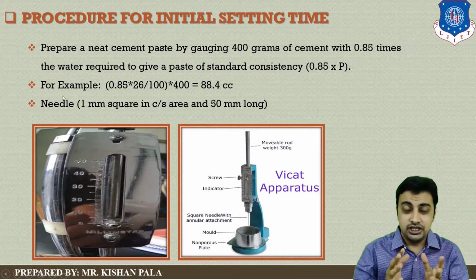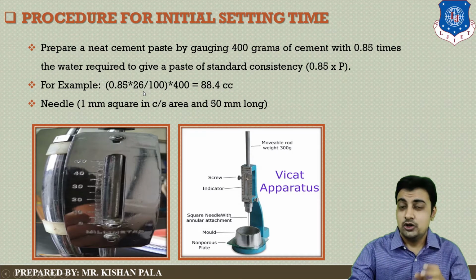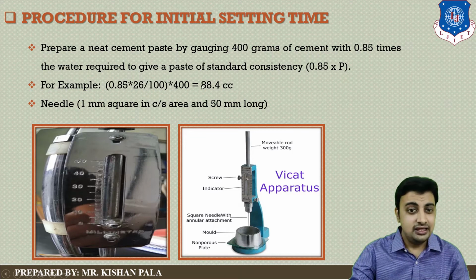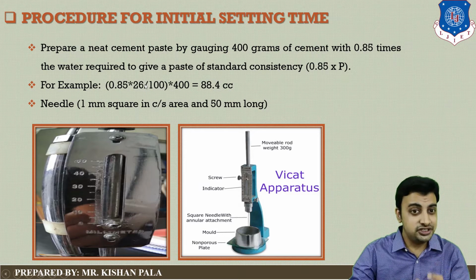You can see on your screen, for example, your consistency is 26% and your cement mass is 400 grams. You can easily calculate: 0.85, which is the factor for the initial setting time, multiplied by 26, which is the consistency of the cement, divided by 100, multiplied by 400 grams, which is the mass of the cement.